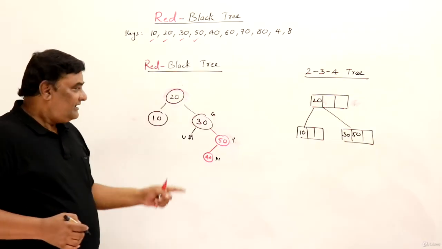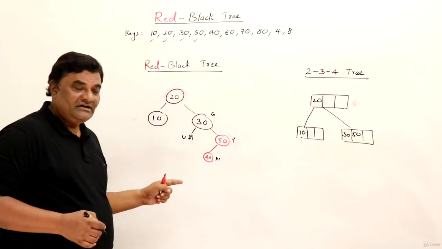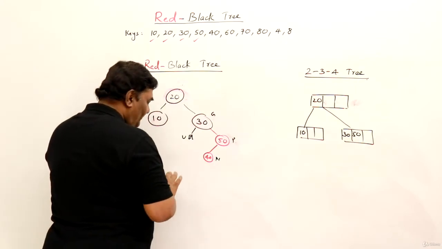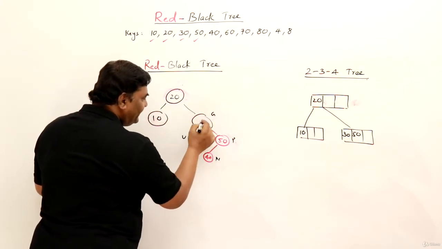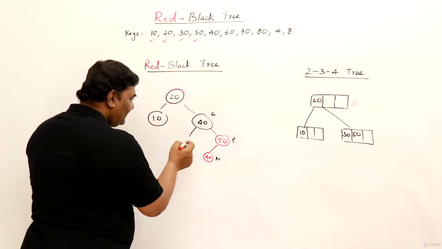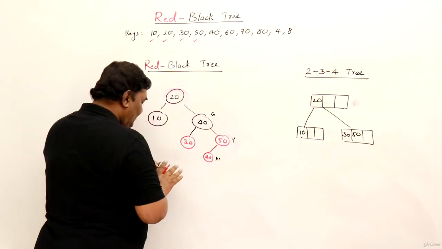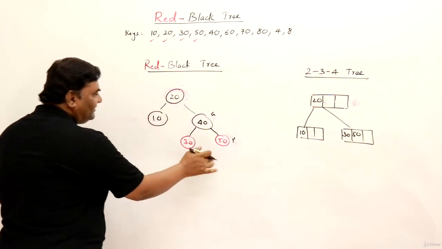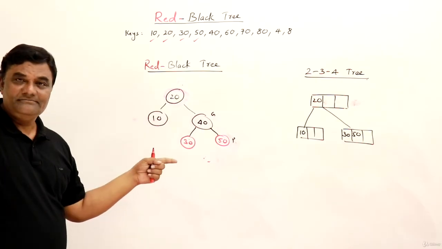Which rotation? This is zigzag rotation or RL rotation. As we know about the rotation, 40 goes up here, and 30 comes down as a red color node, and 50 remains as a red color node. That's how it looks.